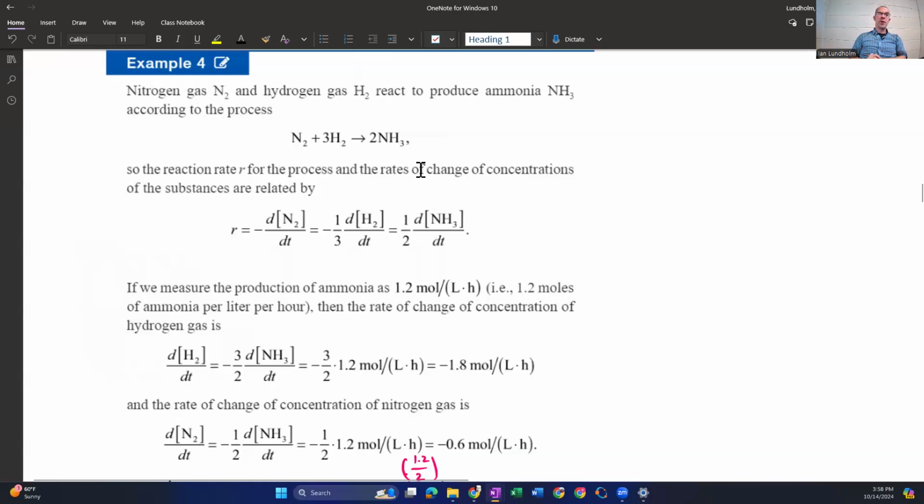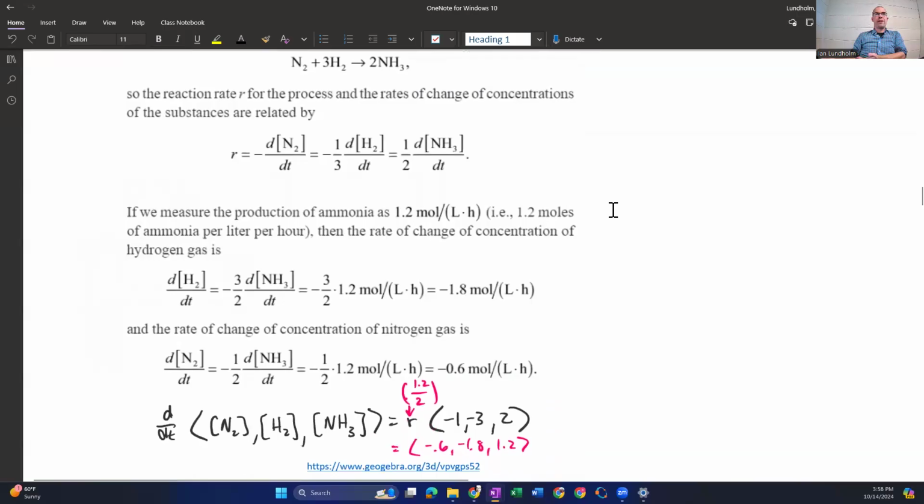And so in my mind, I left the solution here in terms of reaction rates. We could delve into the details of this if you're really interested, but what ends up happening is that we're always in this kind of a ratio of 1 part nitrogen to 3 parts hydrogen into 2 parts ammonia.